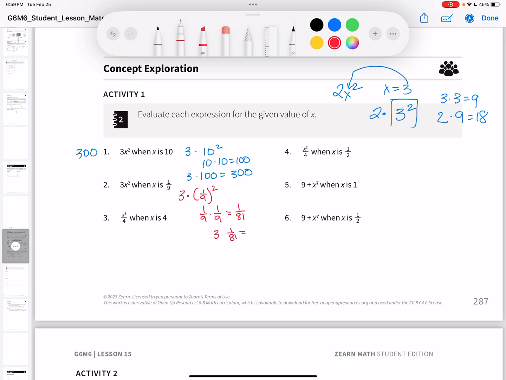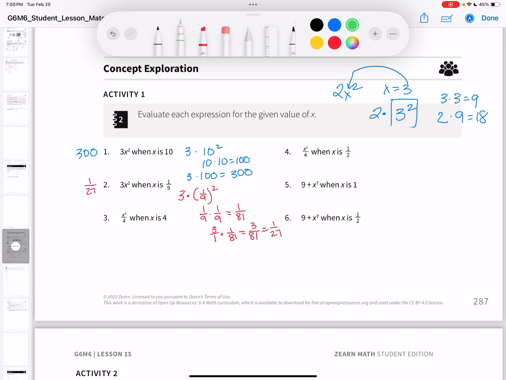So that would be really doing 3 over 1 times 1 over 81. So 3 times 1 is 3. 1 times 81 is 81. So my answer would be 3 over 81. But guess what? 81 can be divided by 3. So 3 over 81 can be reduced to 1 over 27. Okay? So my answer here is 1/27.